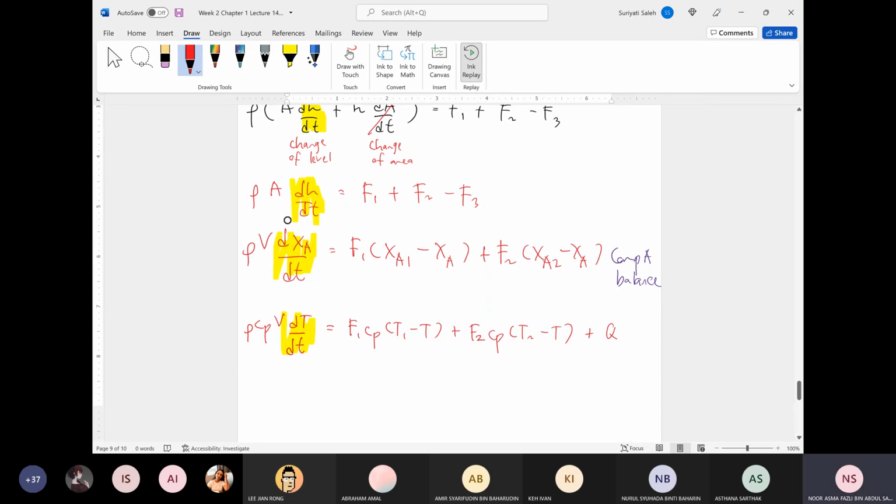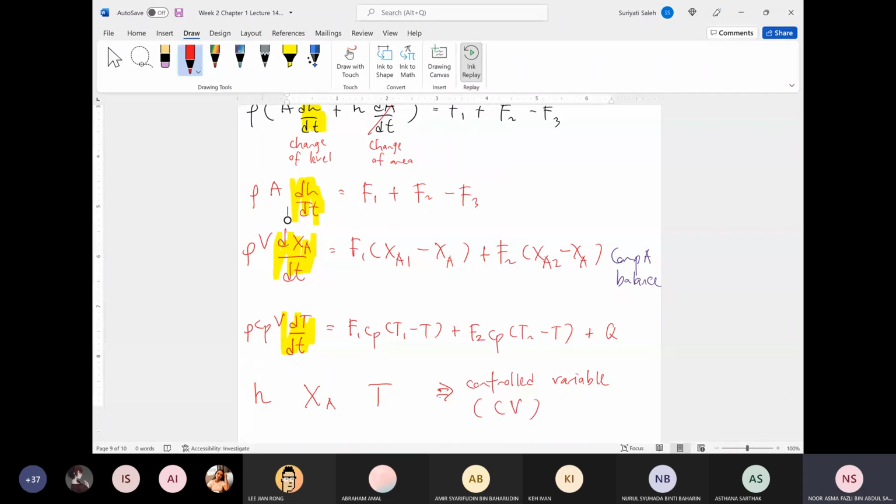Again, I repeat, the variables located in the differential equation, such as in this case H, XA, and T, are normally considered as your control variables. Control variable: the variable that we need to control. Sometimes we call it CV.